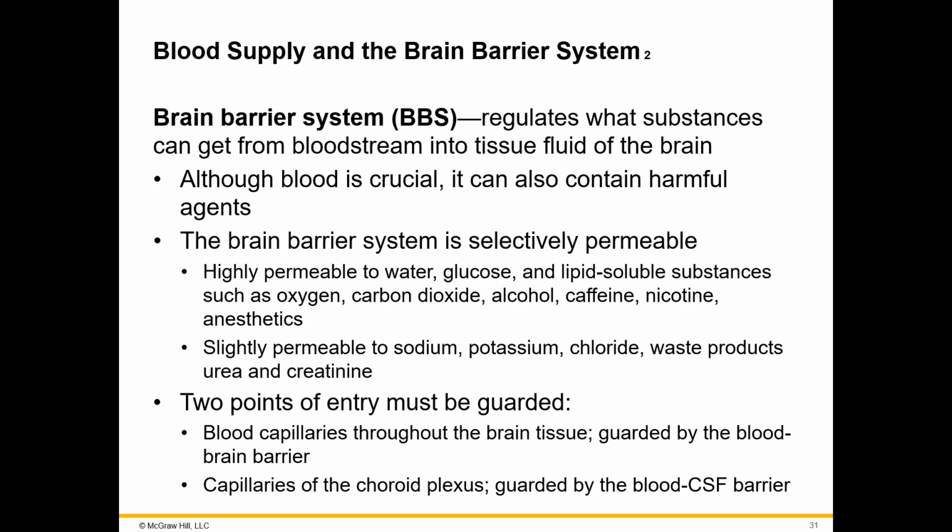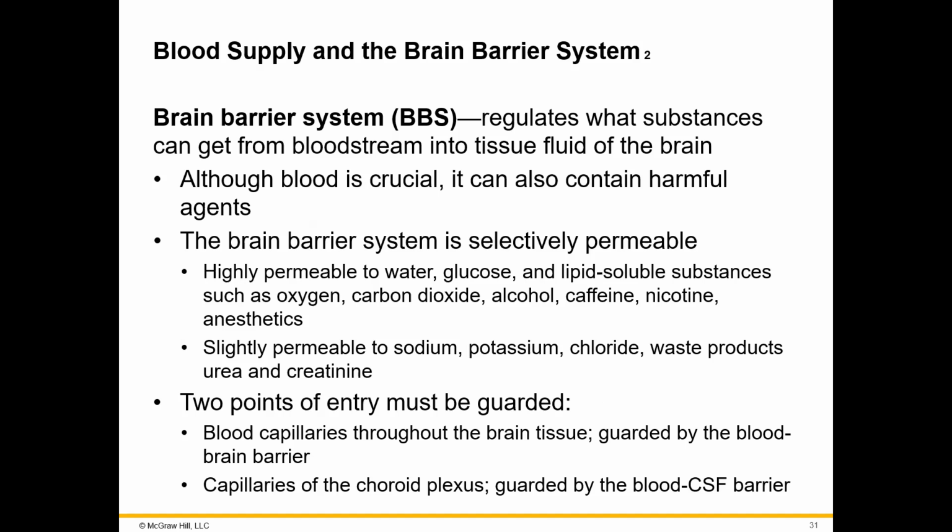It is highly permeable to water, glucose, and lipid-soluble substances, such as oxygen, carbon dioxide, alcohol, caffeine, nicotine, and anesthetics. It is slightly permeable to sodium, potassium, chloride, and waste products such as urea and creatinine.